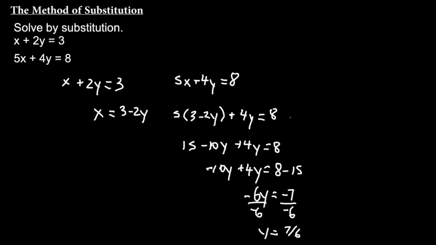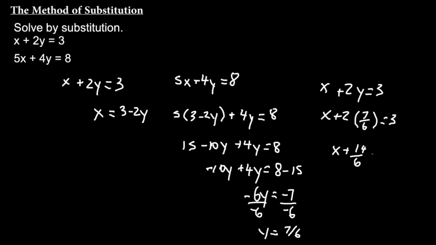So from here, our original equation 1 is x plus 2y equals 3. Let's substitute 7 over 6: x plus 2 times 7 over 6 equals 3. From here, 2 times 7 is 14, so now we have x plus 14 over 6 equals 3.